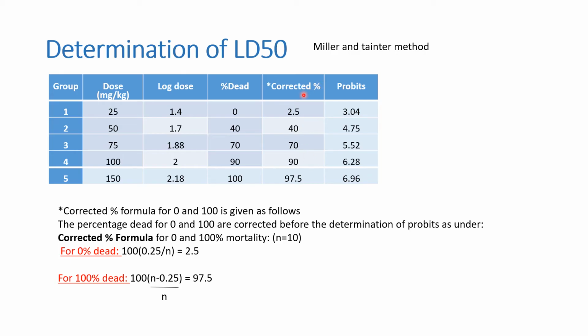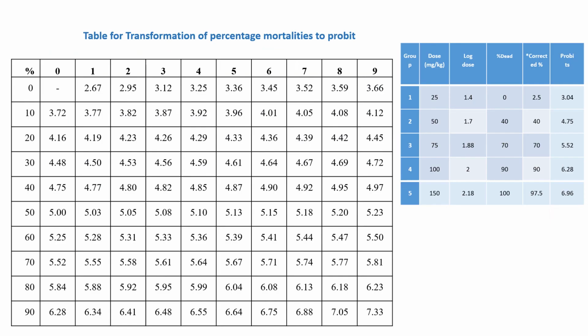Now based on this percent corrected dead, we need to calculate the probit. Once we have the corrected percent dead, we need to change the percentage mortality into probit. So how to calculate this? The first one is 2.5.